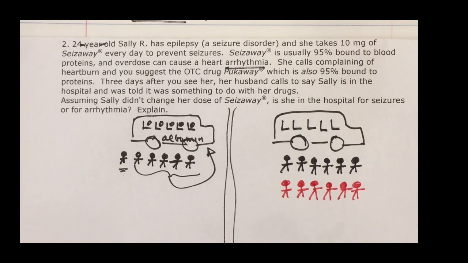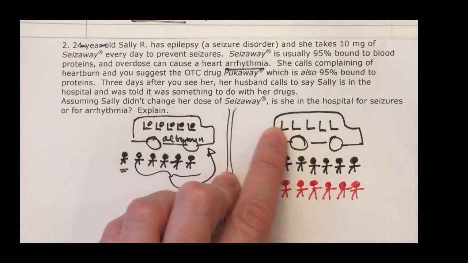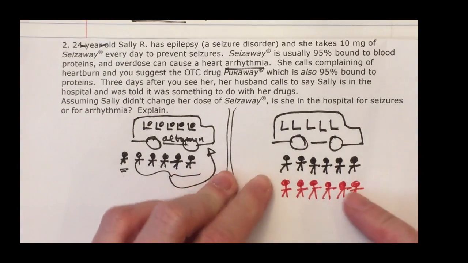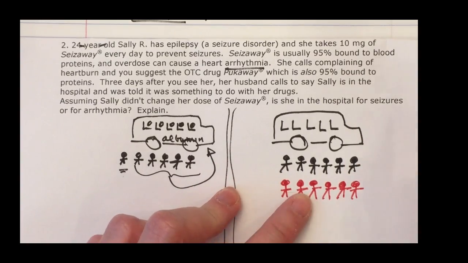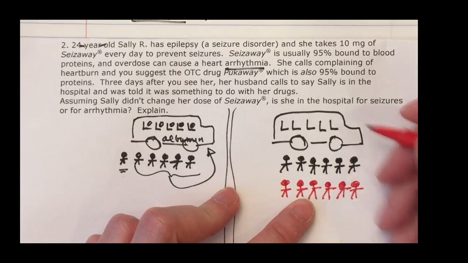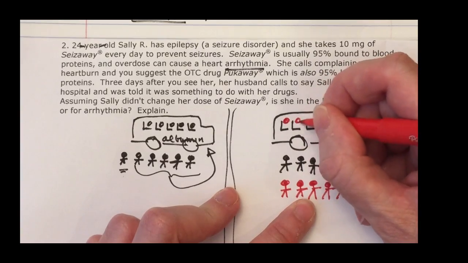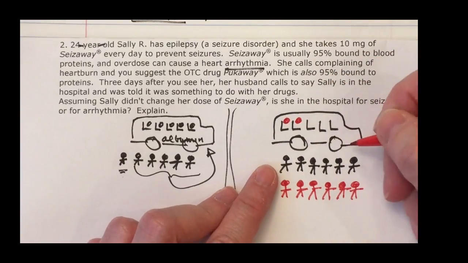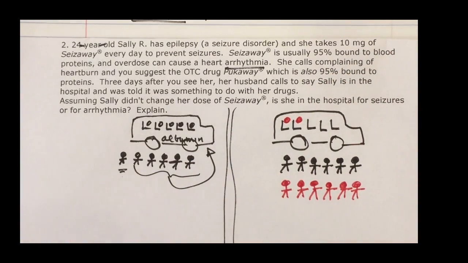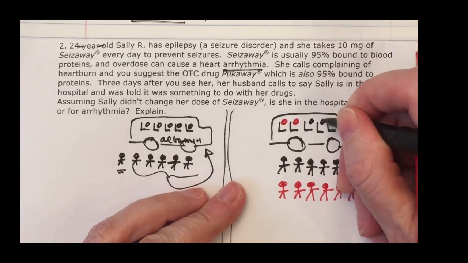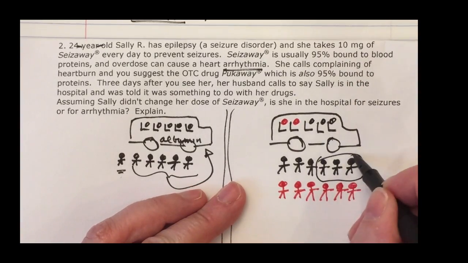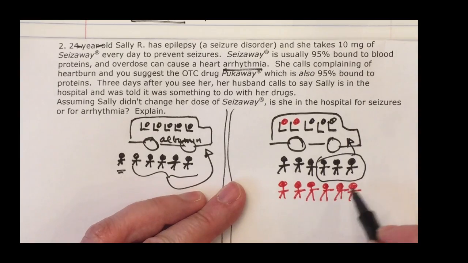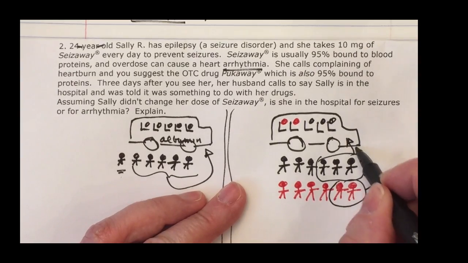All right. Hopefully I don't even have to draw anything to show the problem, because there's only 5 seats here, and there's 12 guys. So say 2 of the Pukaways get on, and then it only leaves 3 seats for the Seizaways. So these 3 guys were able to get on the bus, and these 2 guys were able to get on the bus.